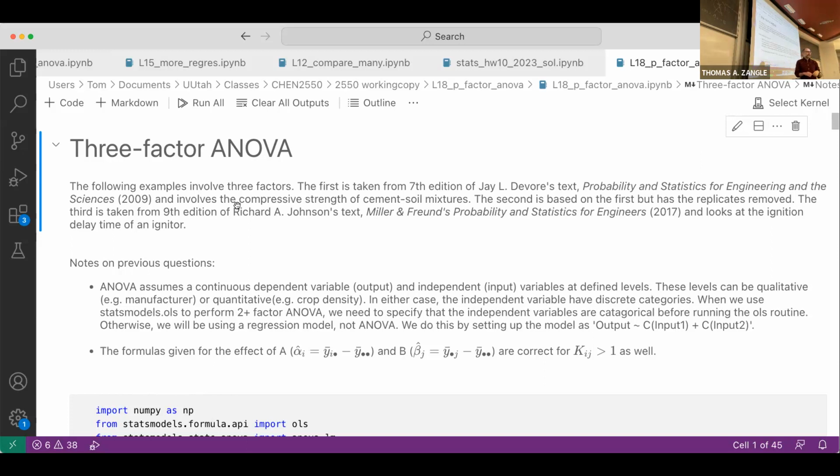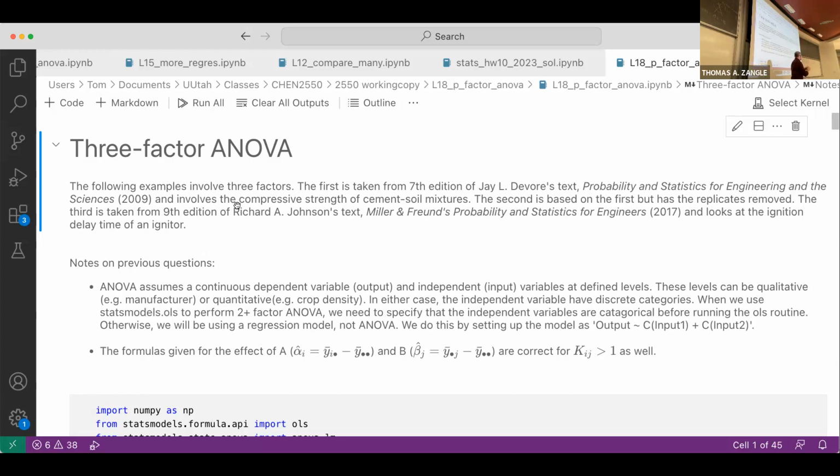That's actually one of the assumptions going into our overall procedure for ANOVA, that we're doing this on categorical variables. For example, when we were looking at the tomato yield example, one of our factors was different types of tomato seed. That's definitely categorical, right?